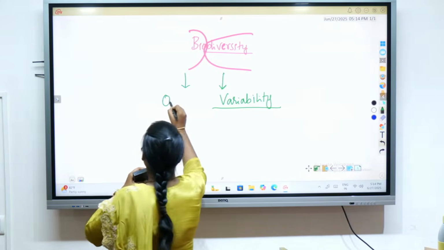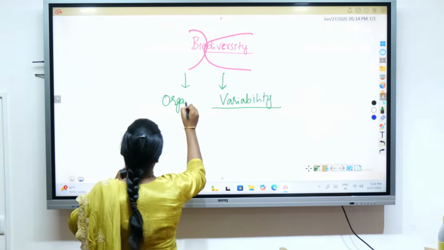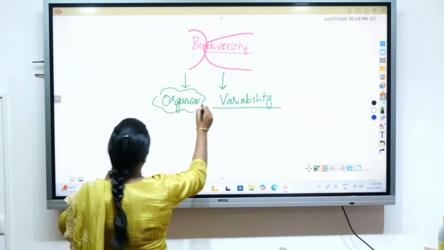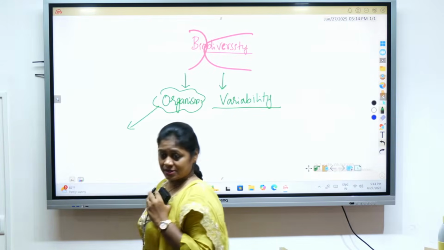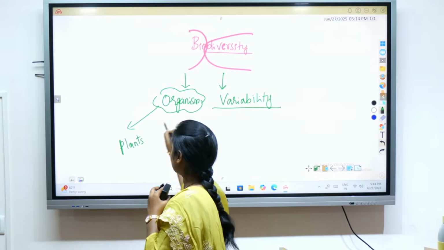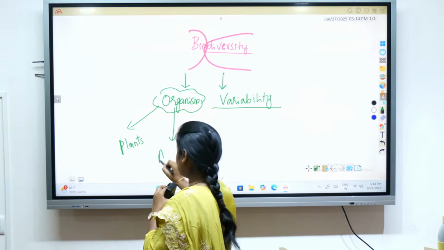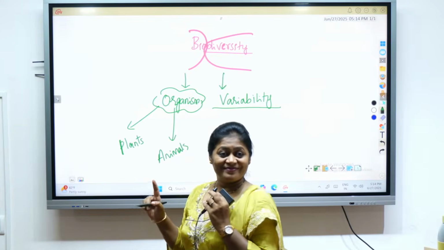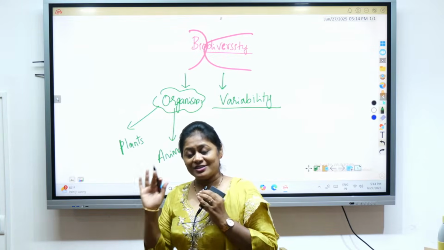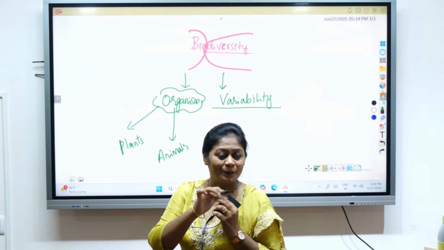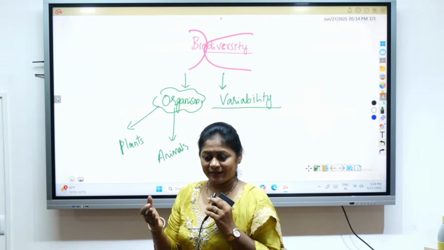Organisms is a broad term. This includes organisms like plants and animals also. Is there any other life besides plants and animals? Bacteria, called microbes.